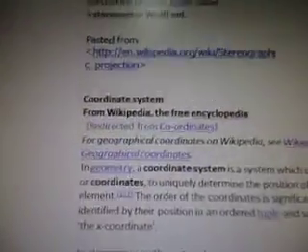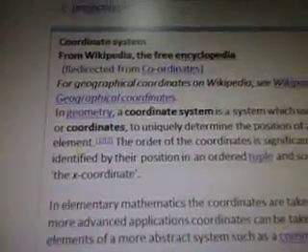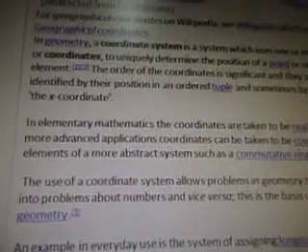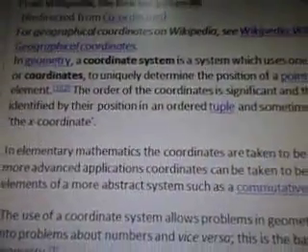The next thing that came up was the coordinate system. So coordinates for geographical coordinates. In geometry, a coordinate system is a system which uses one or more numbers or coordinates to uniquely determine the position of a point or other geometric element.